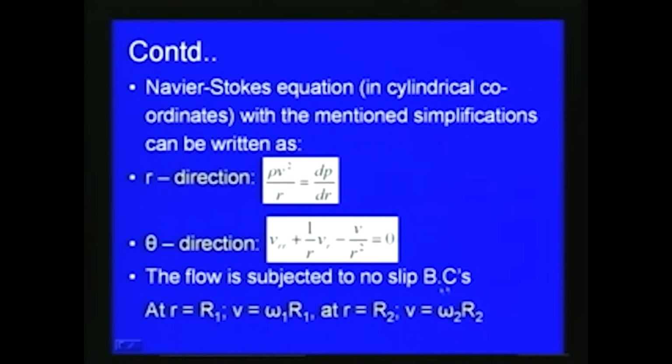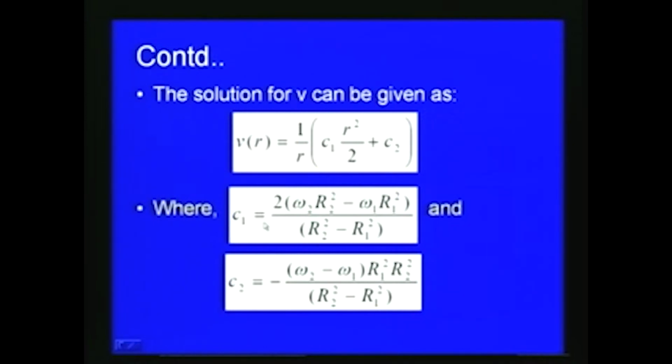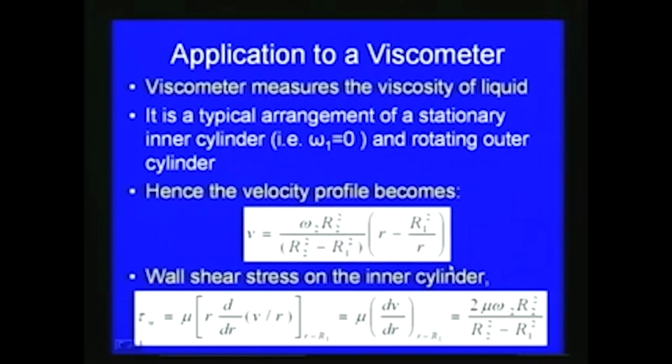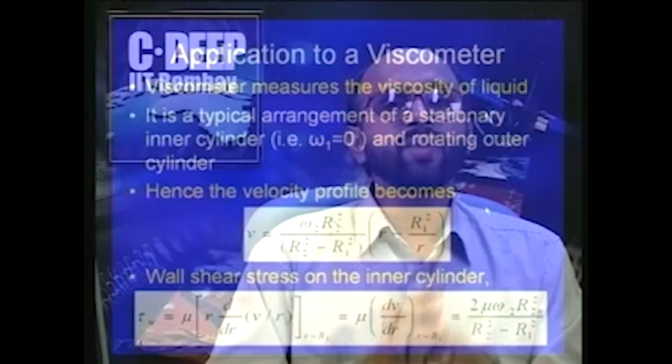We can use these boundary conditions and get the constants C1 and C2. C1 is equal to 2 into omega 2 r2 square minus omega 1 r1 square, divided by r2 square minus r1 square, and C2 is equal to minus omega 2 minus omega 1, r1 square r2 square, divided by r2 square minus r1 square.